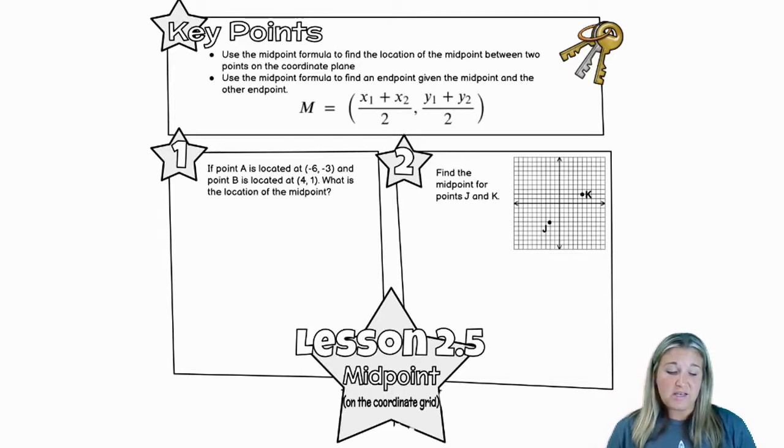In example 1, it says if point A is located at -6, -3, and point B is located at 4, 1, what's the location of the midpoint? So I like to have a good idea of where these two things are going to be. So I have -6, -3, so somewhere in here is going to be A, and then B is going to be located at 4, 1, somewhere over here.